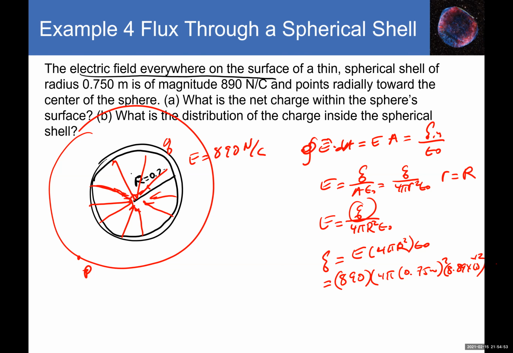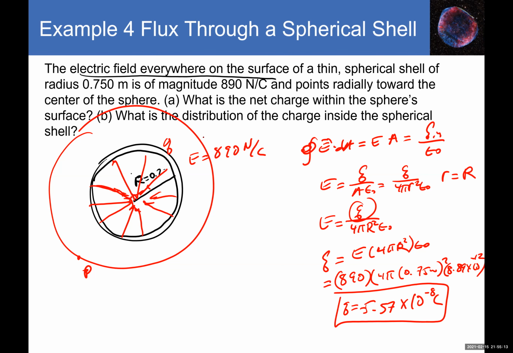We can calculate this Q to be 5.57 times 10 to the negative 8 coulomb, and because the field is pointing inward, it's a negative charge.